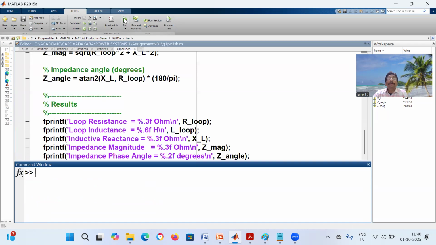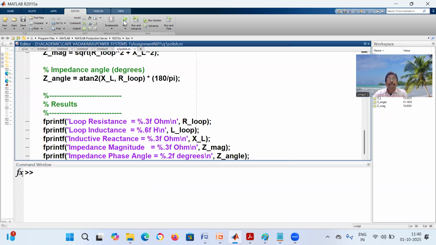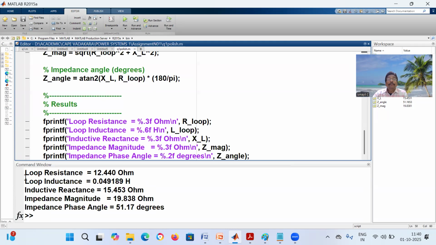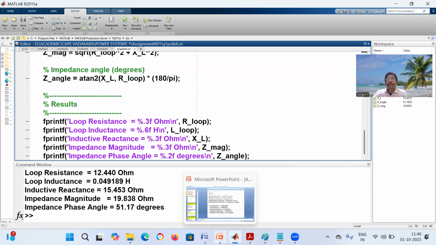Now you can run the program. After running, you'll get the answer. So this is how to calculate the inductance of a single phase transmission line using MATLAB.